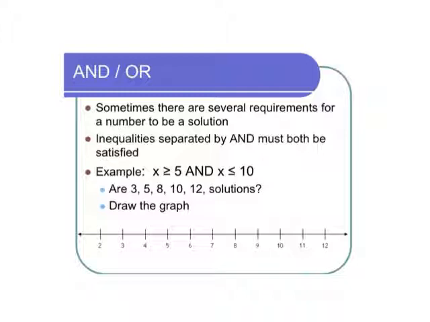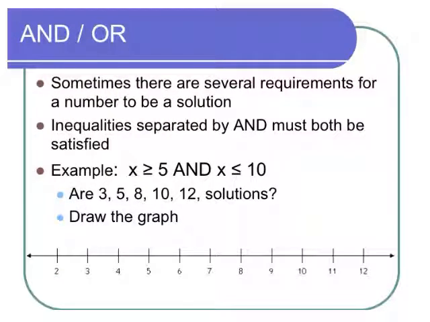That can happen with numbers as well. Several different things have to be true before something counts, before it works. And with math, we tend to separate statements like that with the word and. If you see the word and in math class, that has a really specific meaning. It means that both of these statements must be true in order to be a solution.